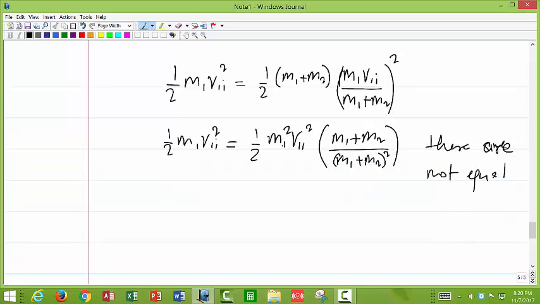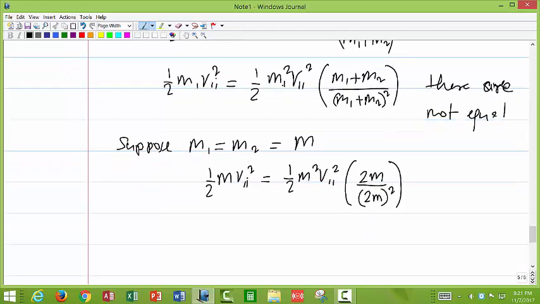Any questions at this point? Since they are not equal, which one is larger? The one on the left is larger than the one on the right, because the one on the right is divided by the sum of the masses, m1 plus m2. So let's do an approximation.